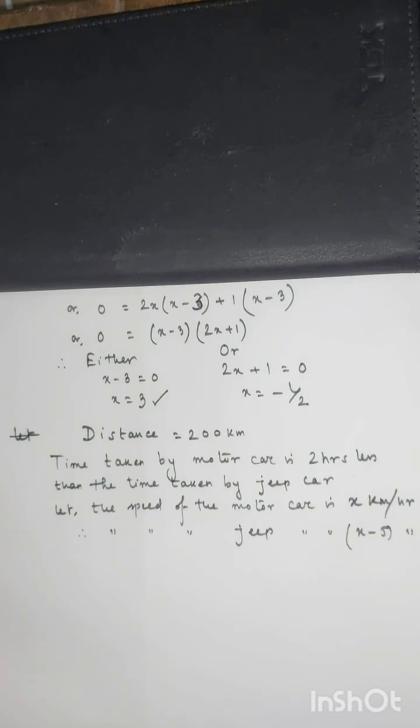Okay, motor car is faster, that is why it is x km per hour, and the jeep car is slower, that is why it is x minus 5 km per hour.